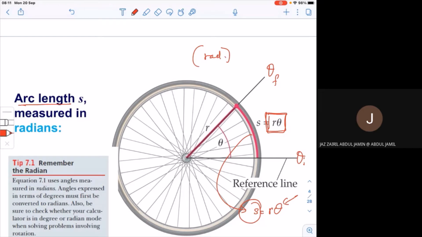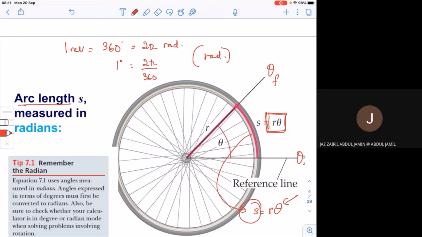One revolution is equivalent to 360 degree, that is also equal to 2 pi radian. That means 1 degree is equivalent to 2 pi divided by 360.